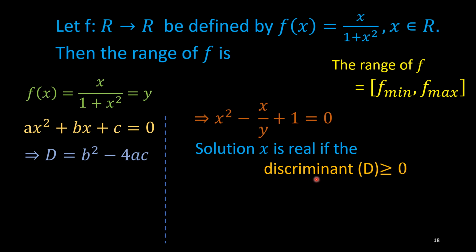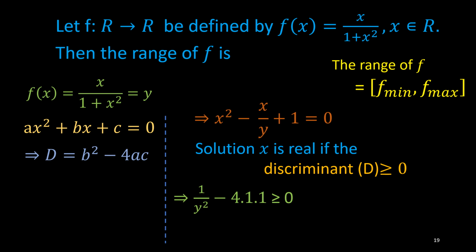This is the condition for x to be real, right? Now for this one, b is minus 1 upon y, thus b squared is 1 upon y squared, minus 4, where a is 1 and c is also 1. So this discriminant should be greater than or equal to 0.